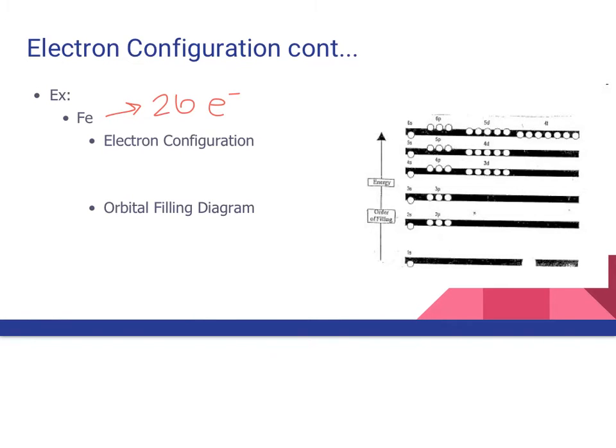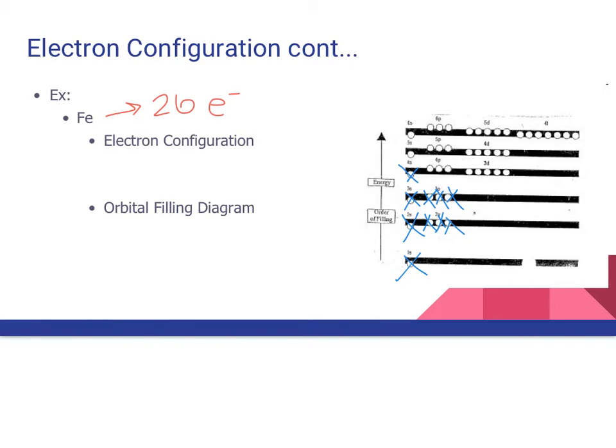Once again, I'm going to start at the bottom, and I'm going to fill my circles until I've reached a total of 26 electrons. So I start at the bottom, 1, 2, 3, up to 20.